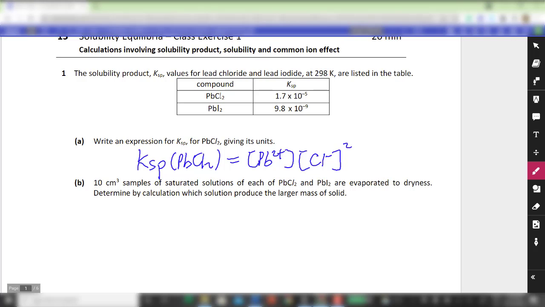In this case for the units, because you are multiplying a concentration term and another concentration term raised to the power of 2, the units will be mol^3 dm^-9.